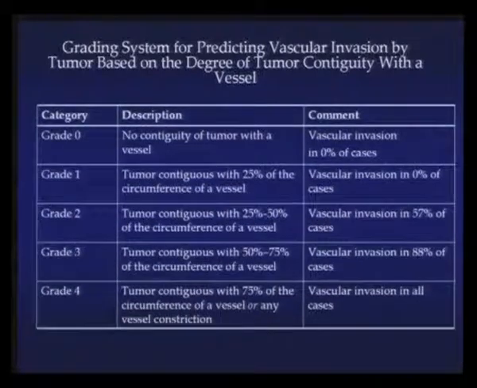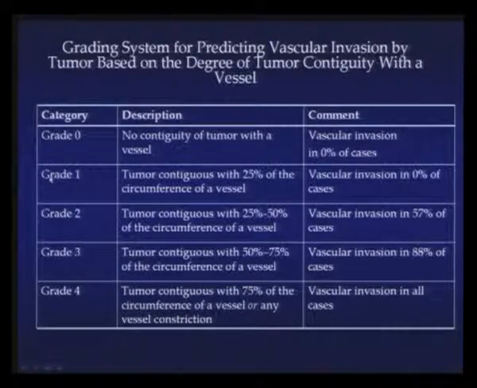We all know this grading system for predicting vascular invasion by tumor. I've seen this year some change by Rastopoulos, but the implant remained the same. What's important is radiologically that in grade 0, we have to see a fat plane or a pancreatic plane between a vessel and tumor.